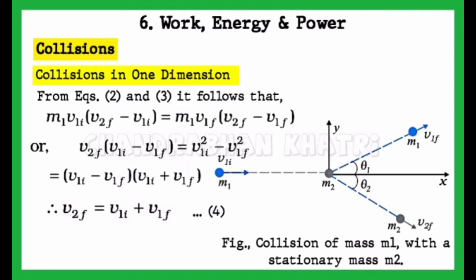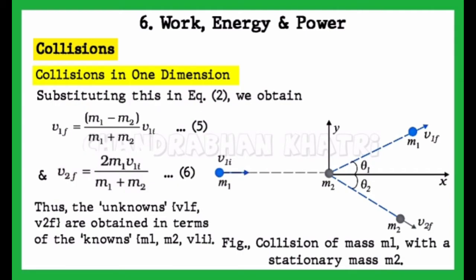That is equal to (v1i minus v1f) into (v1i plus v1f), because we know that a square minus b square is equal to (a minus b) into (a plus b). So v2f is equal to v1i plus v1f. This is equation number 4.